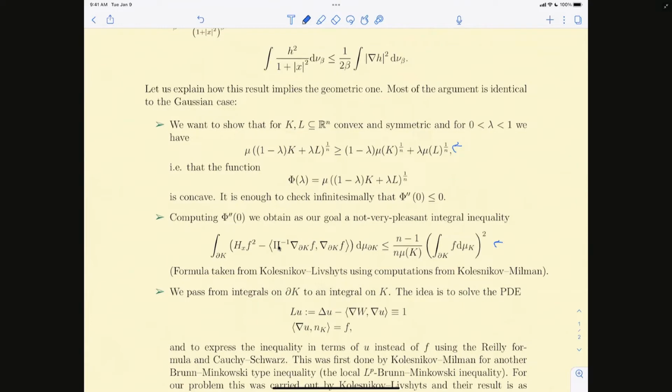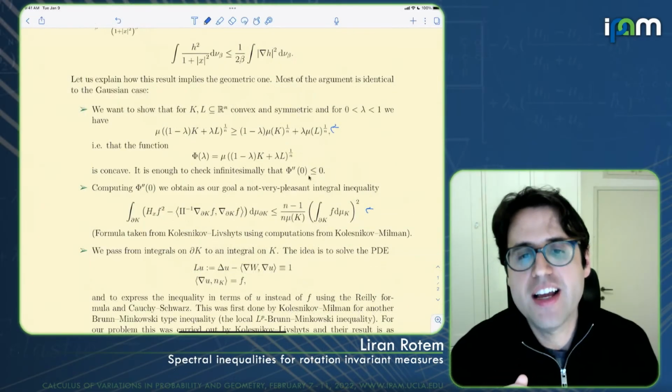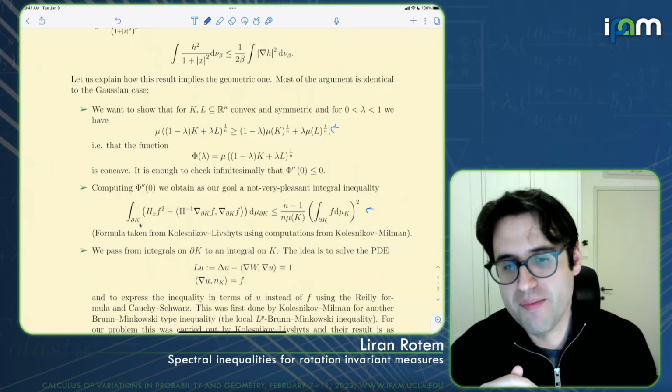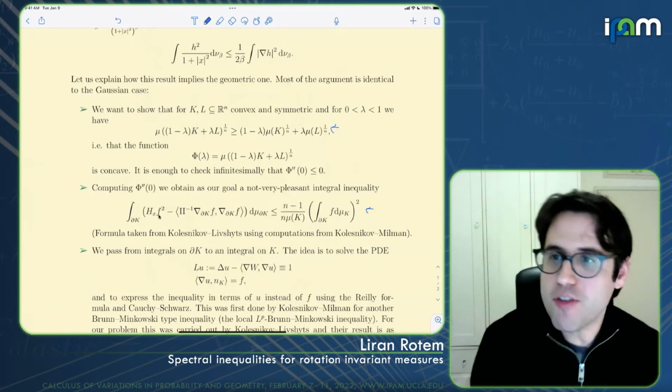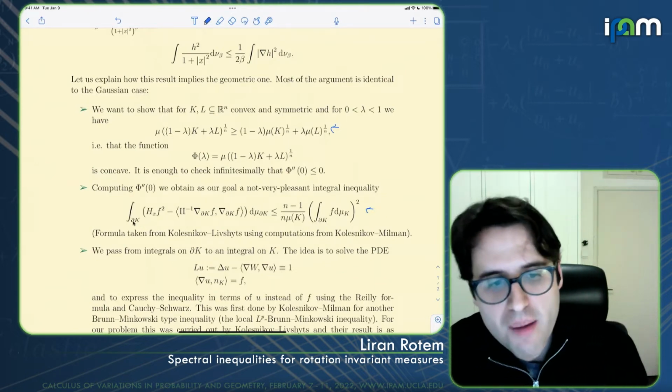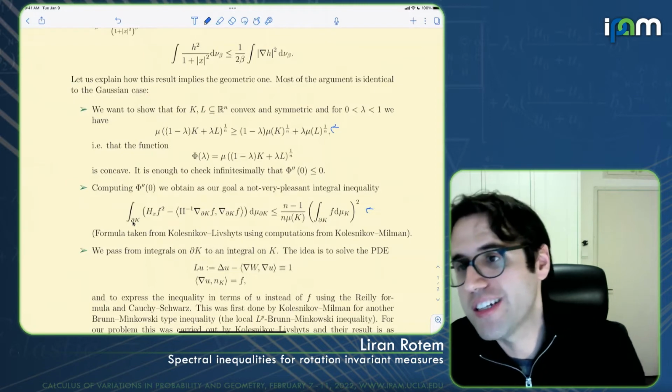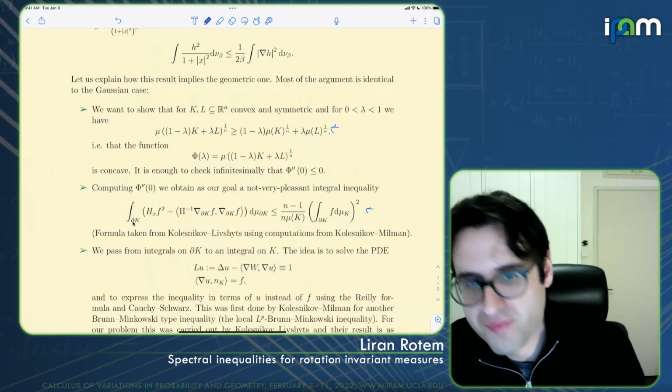And where did this function f come from? It's not important for us right now. What's important is that this is some inequality that looks kind of like a Poincaré inequality, but on the boundary of the convex body.